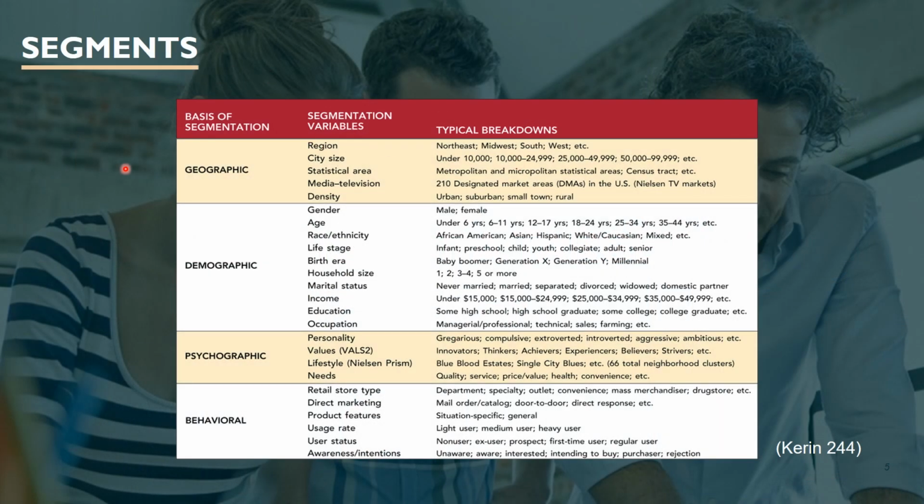This is my favorite chart in the whole textbook, and I always go back to it. I've been teaching this stuff for years, and it helps me organize things as a marketer myself. So let's go over this. When you go to describe your target market, you need to use these terms. These terms are in your textbook.